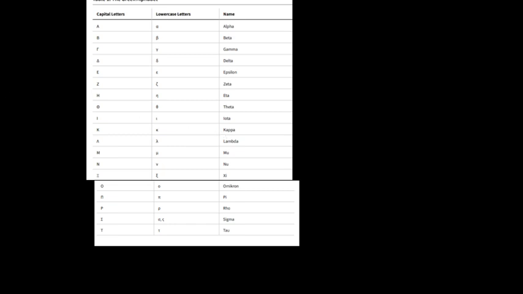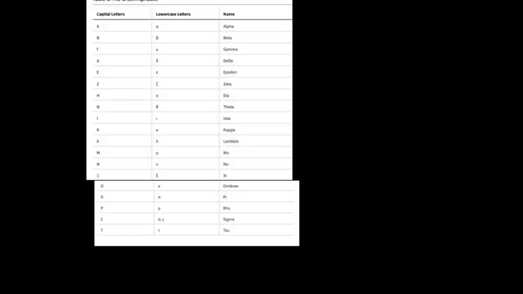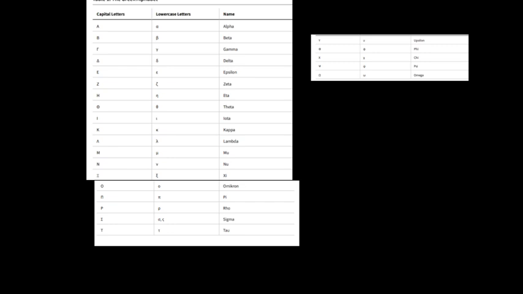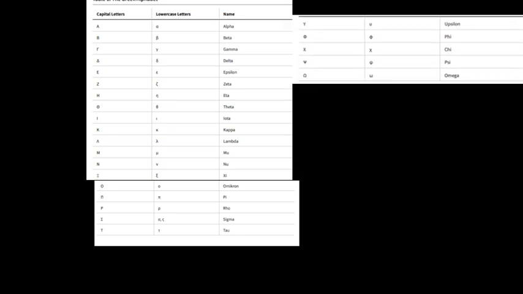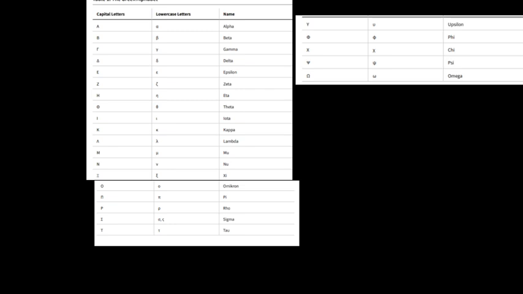So do we have to memorize them? Yes, we do. There's actually one more. So these are all the Greek letters that we have to memorize for the basic mathematics concepts.